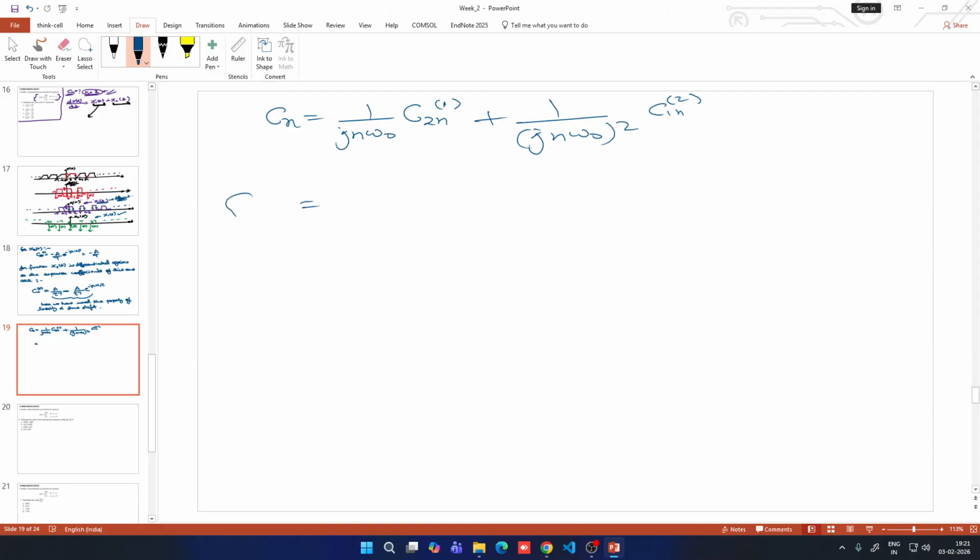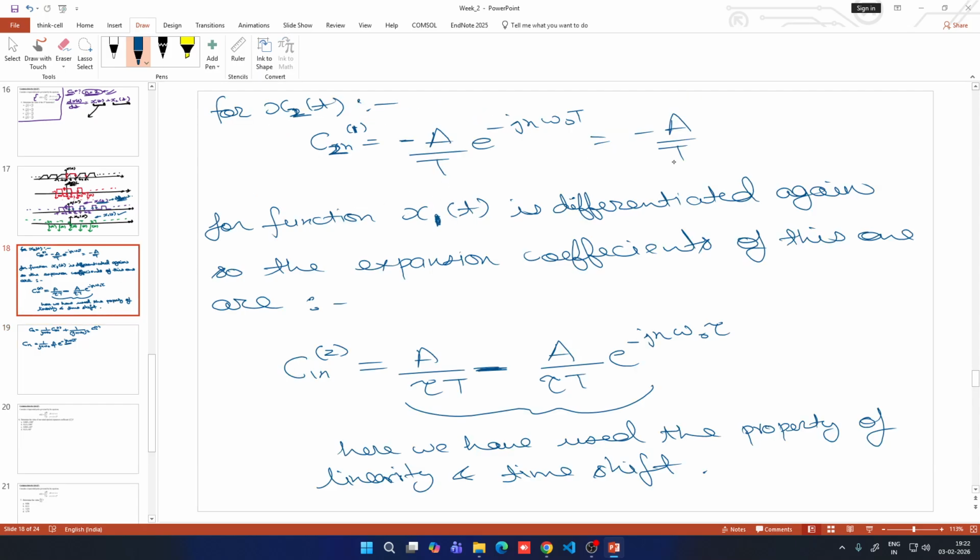So when we rewrite this, we can write this as 1 by jn omega naught, a by t into e to the power minus jn omega naught t. So this is not needed here because there was no shifting happening. So I should have simply written it as minus a by t here.